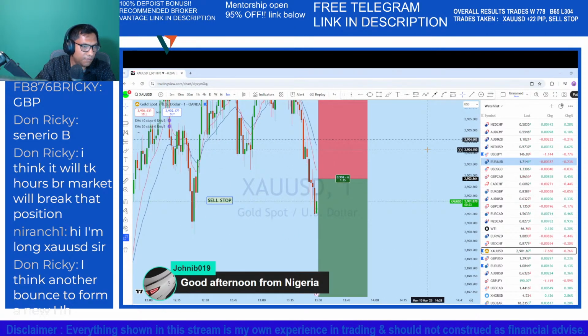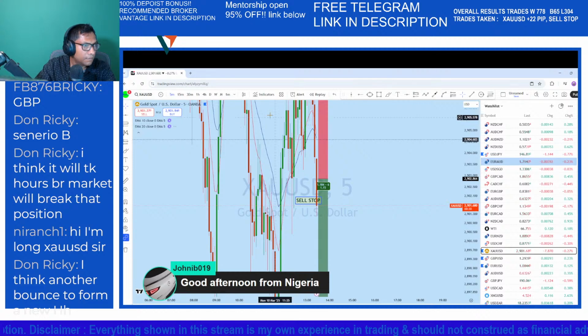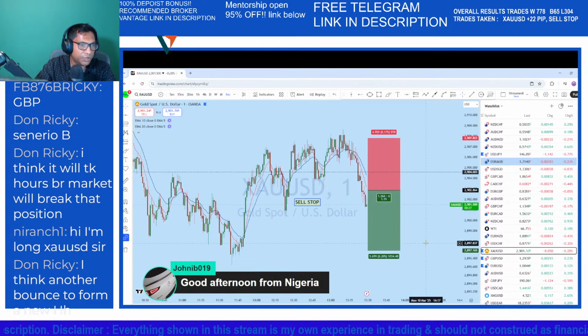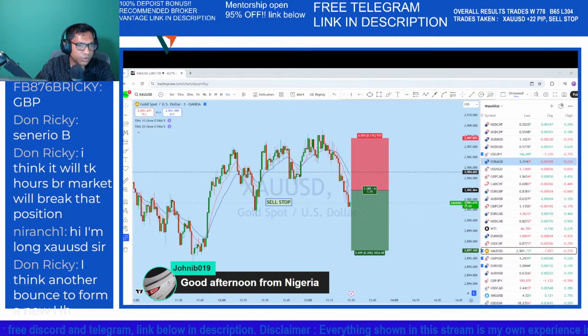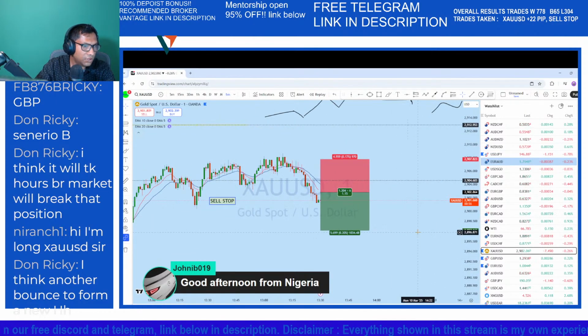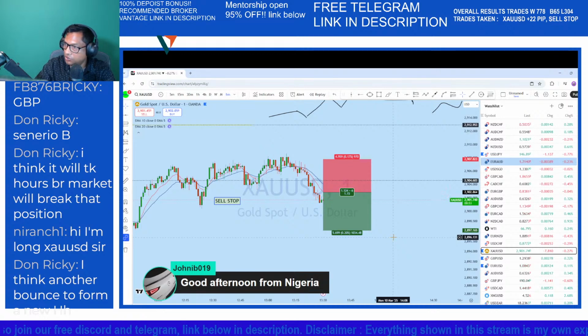We'll see how far it might be coming. Okay, the bearish pressure we can see, and okay, so we see the market coming down here, and with that drop, expecting the price to continue to drop. We'll see how far it might be going.